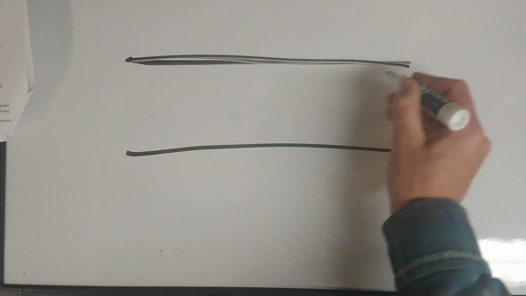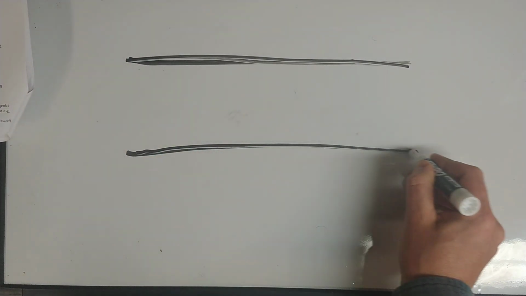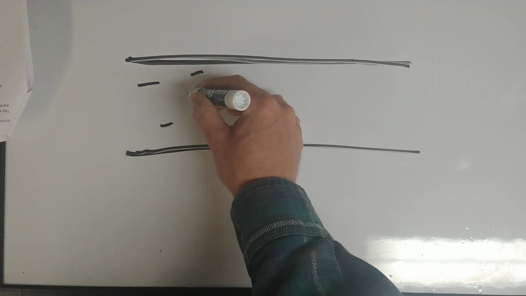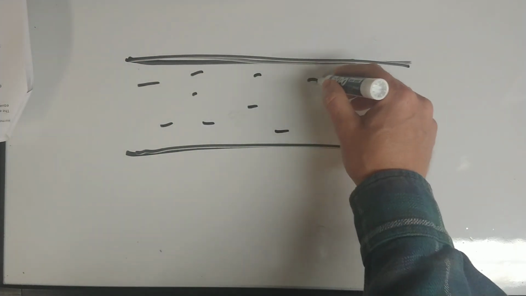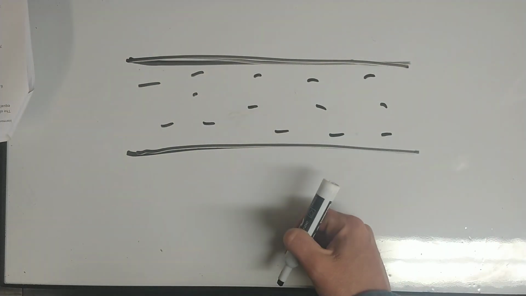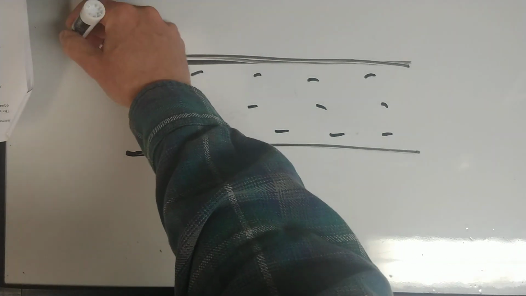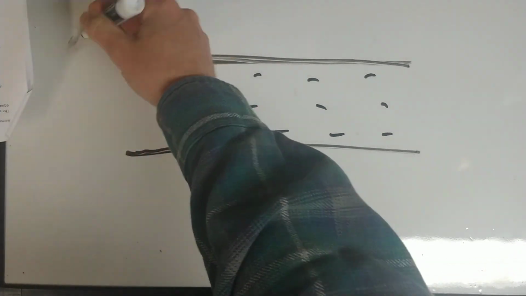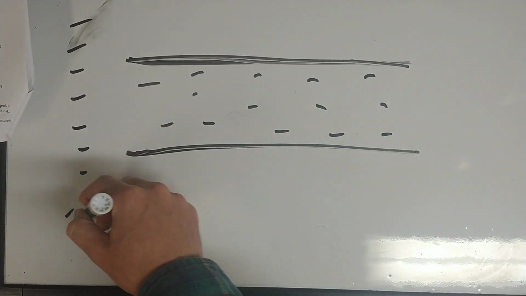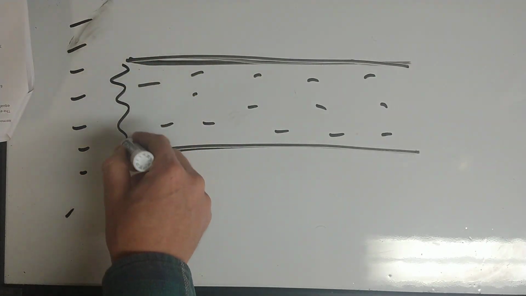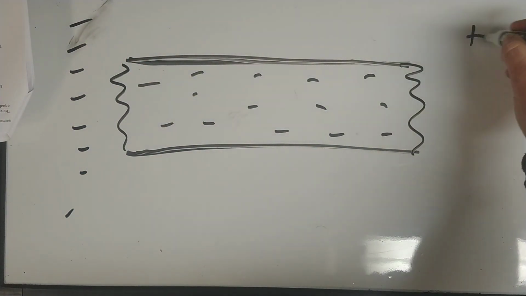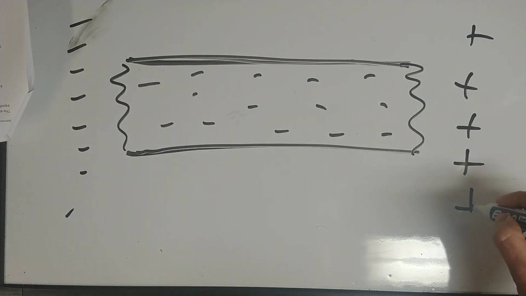Well, in that metal, there are a bunch of valence electrons floating around, right? Well, it turns out if you put a bunch of negative charge over on this side of the wire. Let's say this is just some random piece of metal, right? A bunch of positive charge over on this side of the wire.